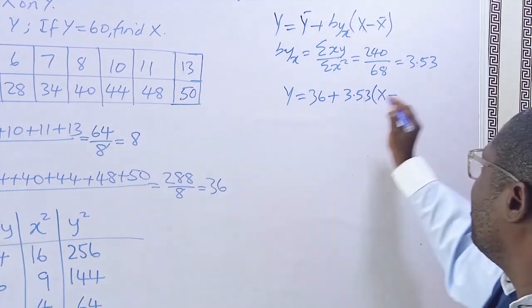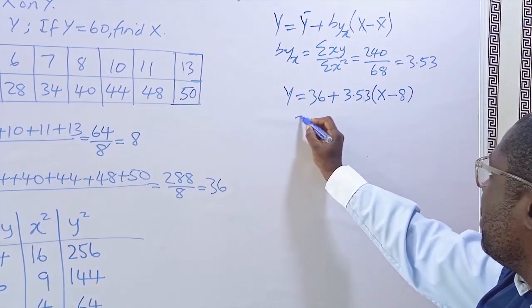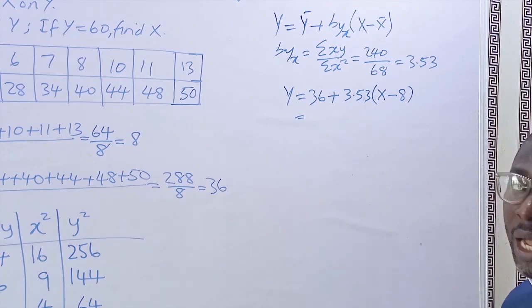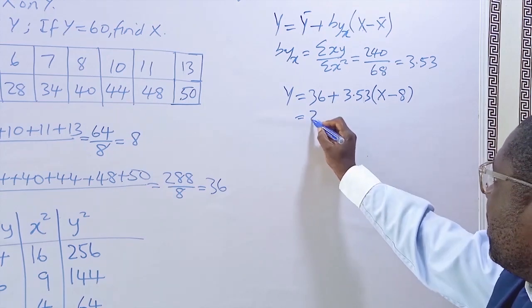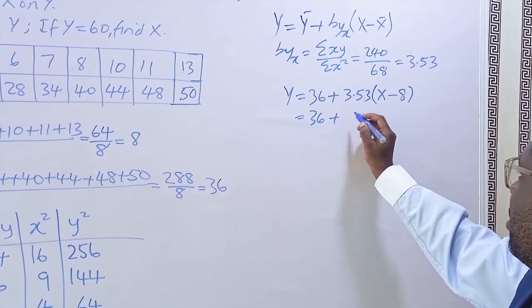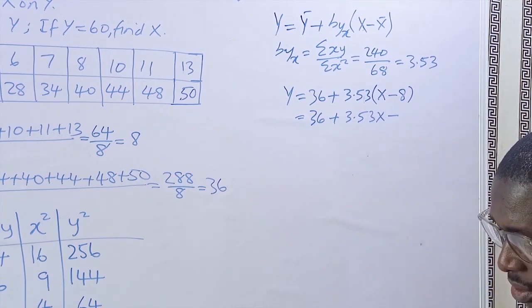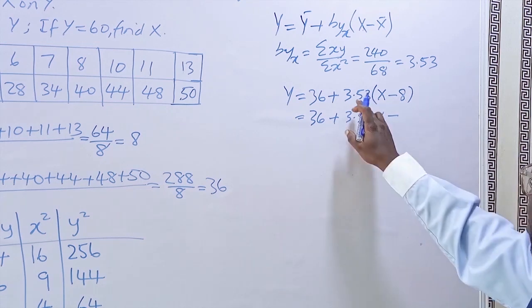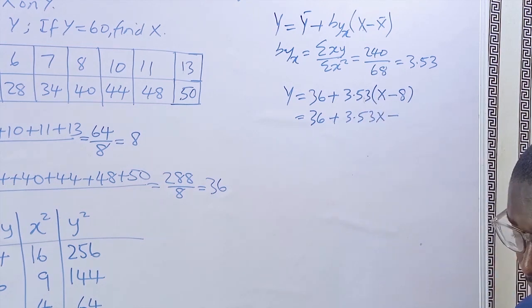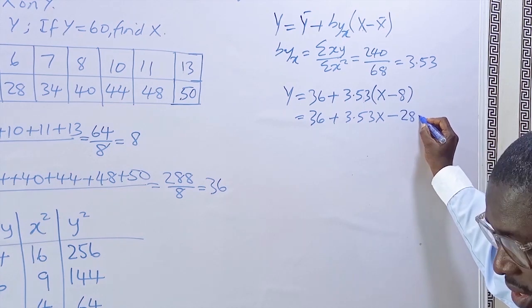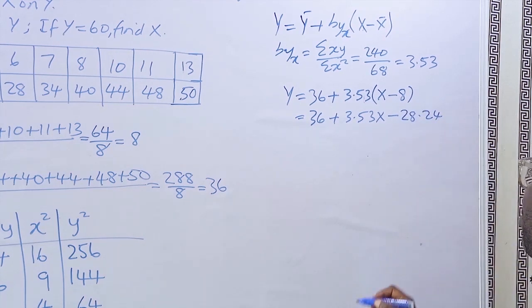X bar is 8. So let's solve this. This is 36 plus 3.53x minus 3.53 times 8. What would that give us? That should give us 28.24.